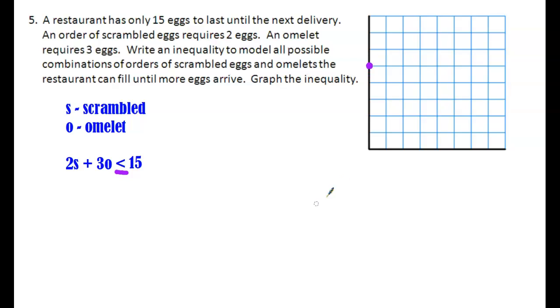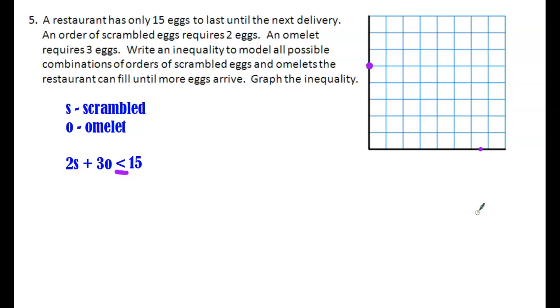So that would be this point right here. And then if I served no omelets, but all scrambled, that would give me 7.5. So that's going to be right here in between the two.